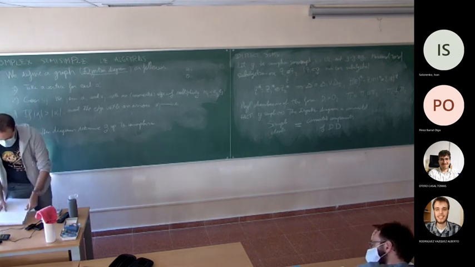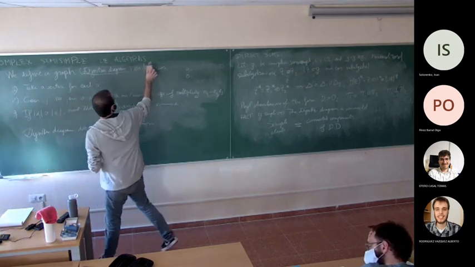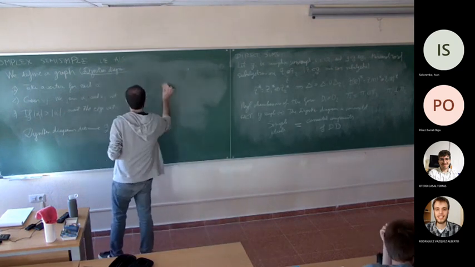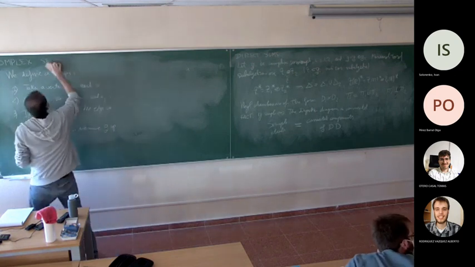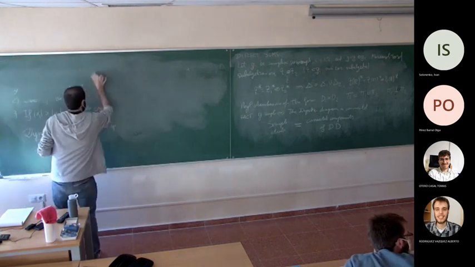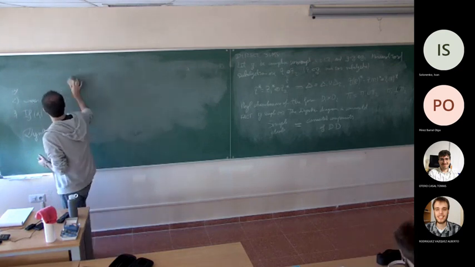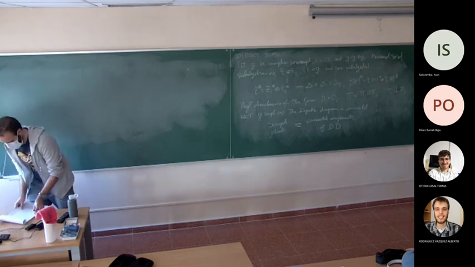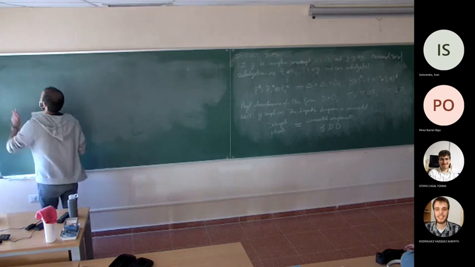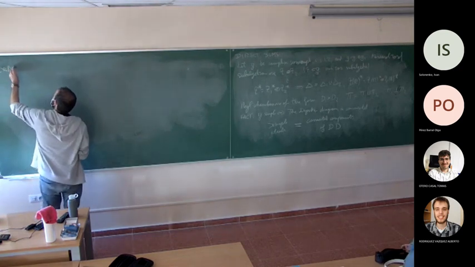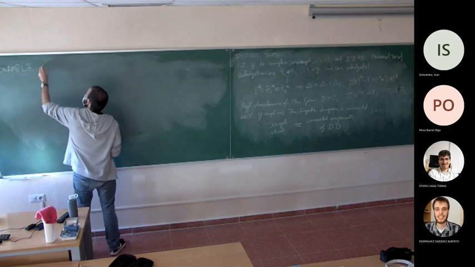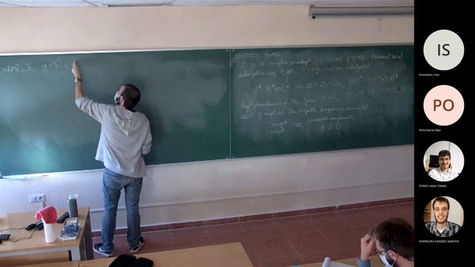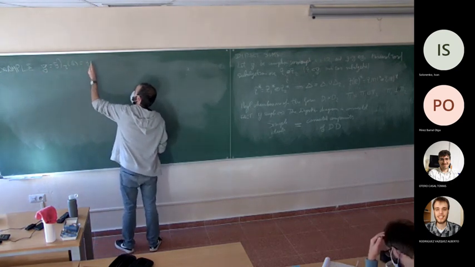So the example is going to be the semi-simple algebra sl3C of all matrices of trace 0.